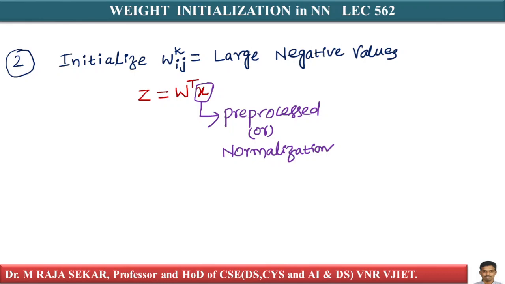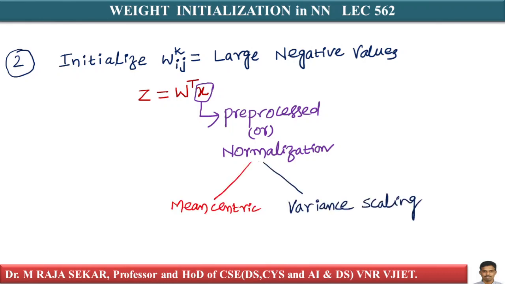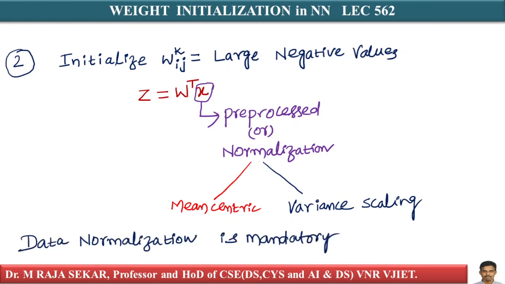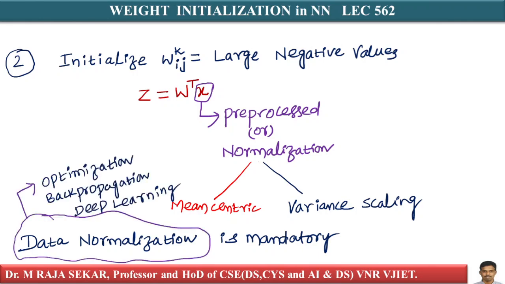What does normalization mean? It means that we have done mean centering and we have done variance scaling. Remember, this is data normalization. Data normalization is mandatory. You have to do it for any optimization problem, including backpropagation and deep learning algorithms.